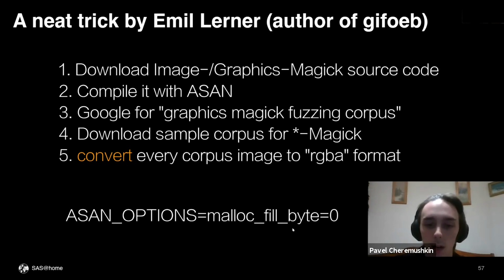Let's assume we convert every picture several times. First of all, we use this option, MALLOC_FILL_BYTE, set to 0. We convert the image, and the resulting buffer of each call to malloc is filled with 0.